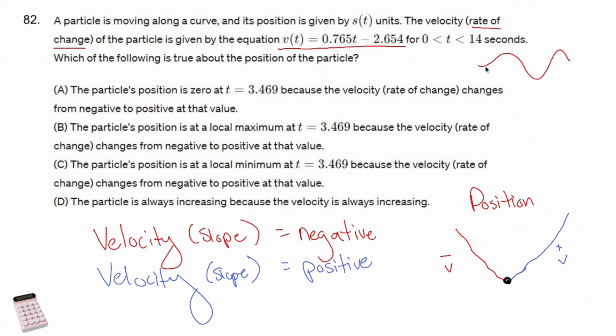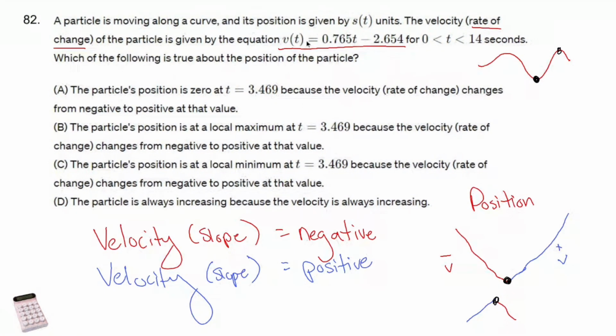If the particle's moving along at a position, that's what happens when your velocity or slope changes from negative to positive. Similarly, if our velocity goes from positive and then all of a sudden changes to negative, we have ourselves a local maximum. So maybe something like this.